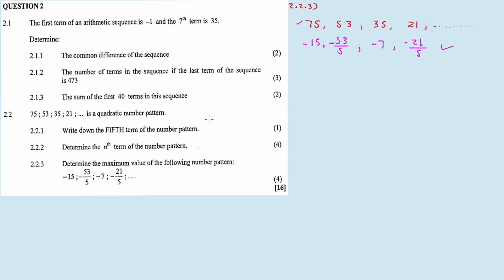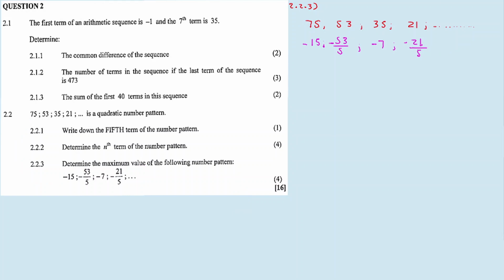Why do I have to look for a relationship between this pattern and that one? Because if I take this number pattern and find its n term, it will be tedious, since we still have to find the maximum value. So we have to find the n term and then again find the maximum value.